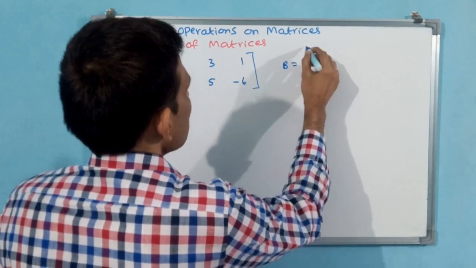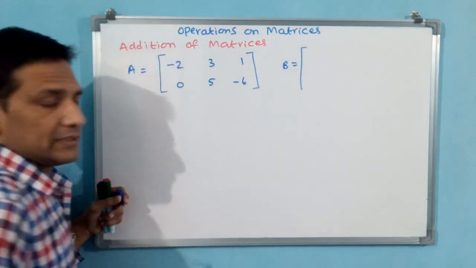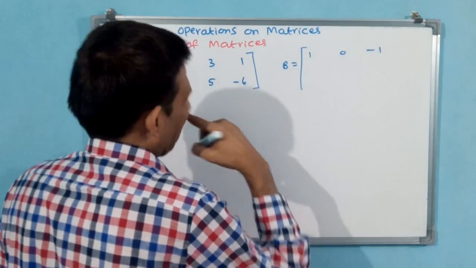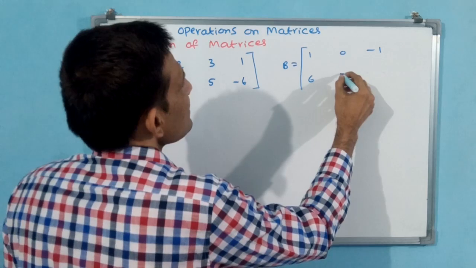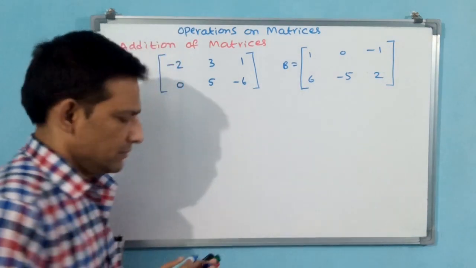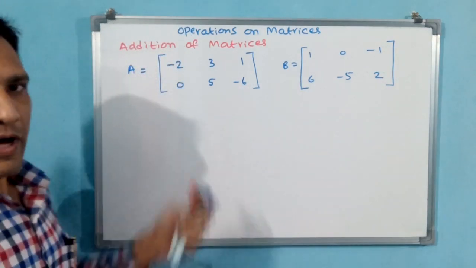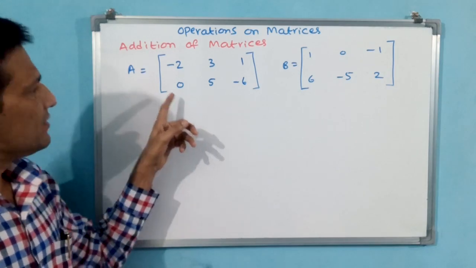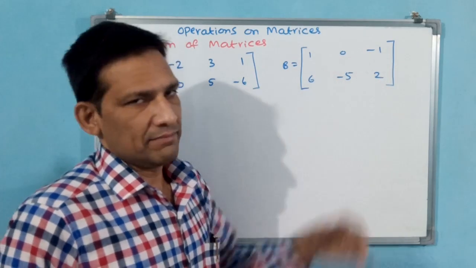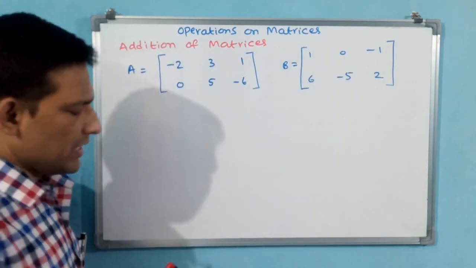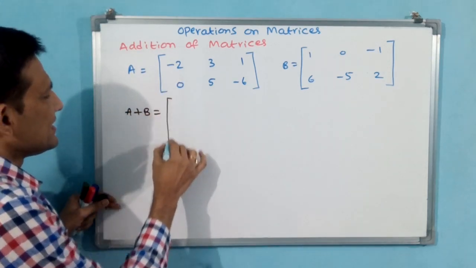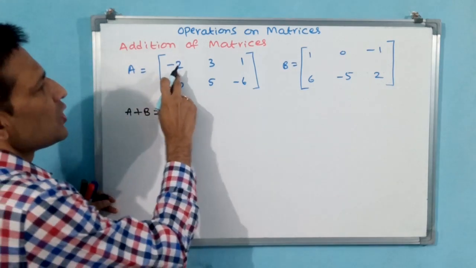And B also should be of 2 rows 3 columns only: 1, 0, -1, 6, -5, 2. These two are matrices. Matrix A is of 2 by 3 order, 2 rows 3 columns. Matrix B is also of same 2 by 3 order. Let us do now addition: A plus B is equal to, -2 plus 1.